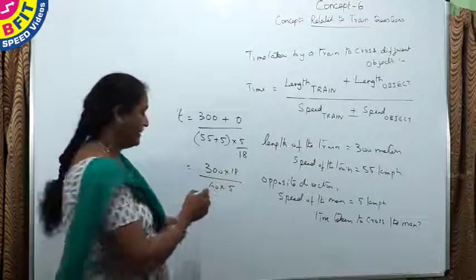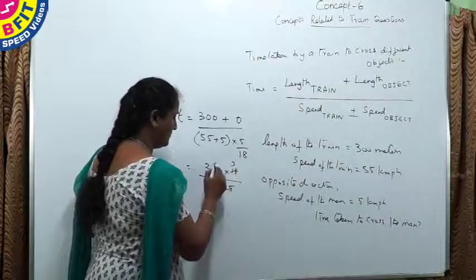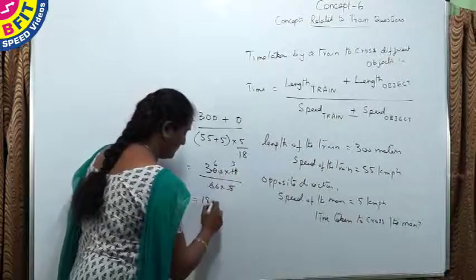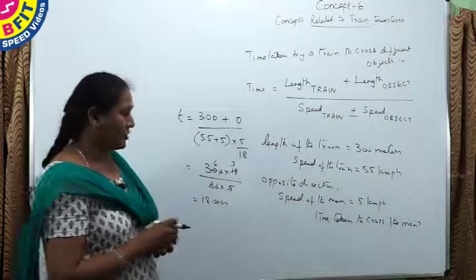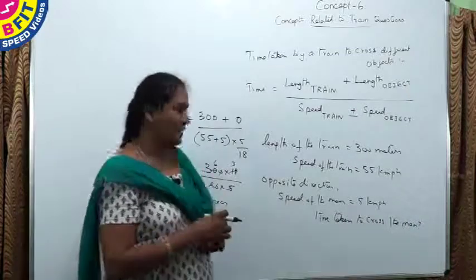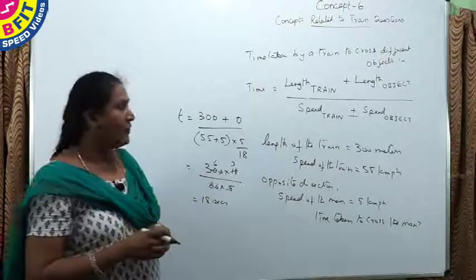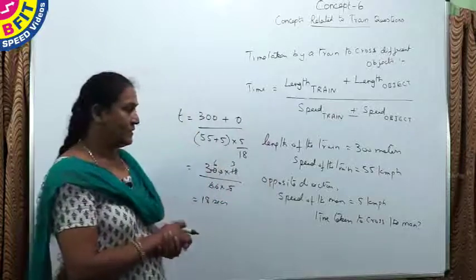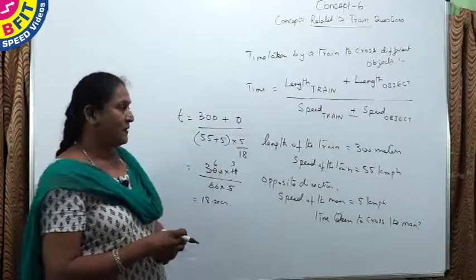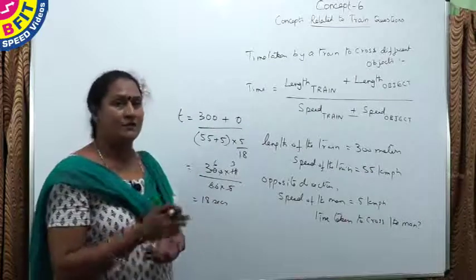And by simplifying this, time taken by the train to cross the man who is walking in the opposite direction is 18 seconds. So we have seen how to use this basic formula and find the values. And we'll see a few more examples using this basic formula and also how to work out using shortcuts.